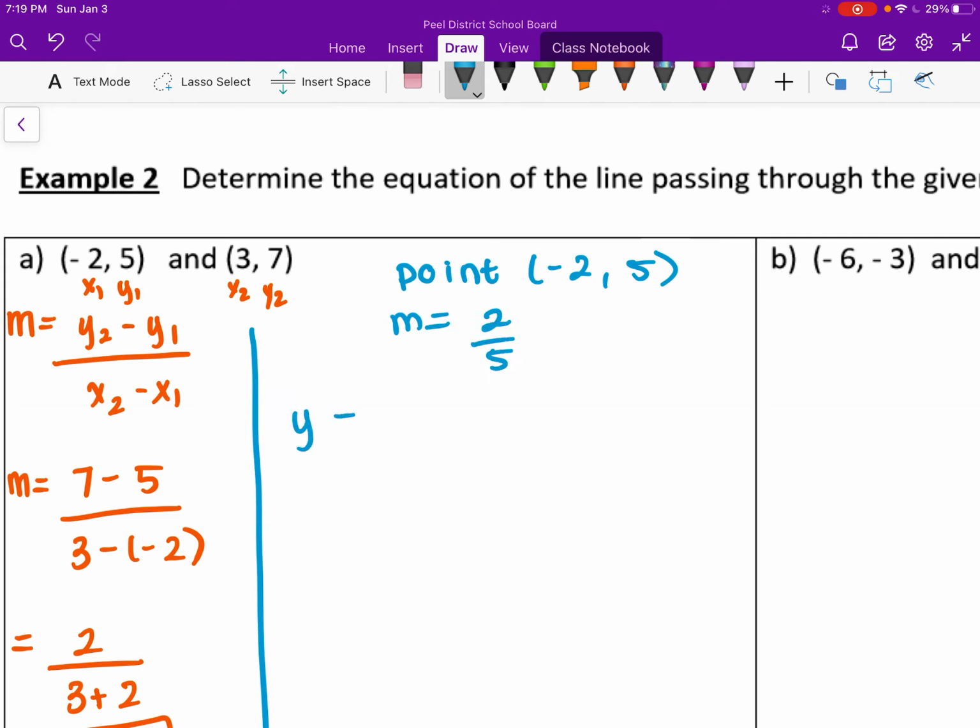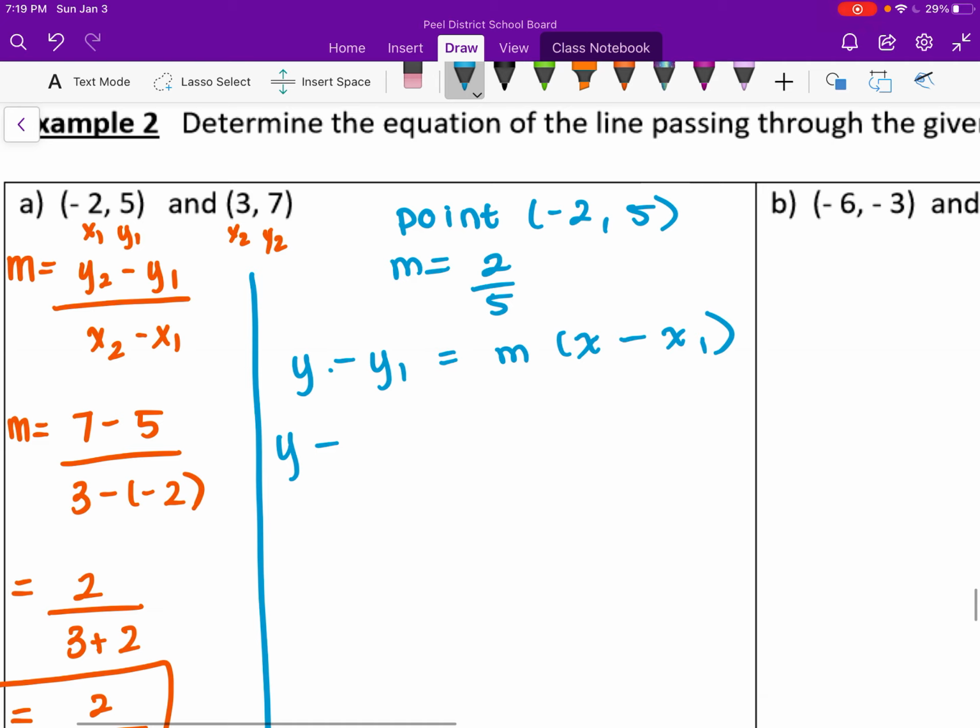So I'm just going to go back in. y minus y1 equals m times x minus x1. Don't know what y is, but I do know what y1 is, which is 5, is equal to, I know what slope is, which is 2 over 5, and then I know what x is, and I make sure I put the negative there.